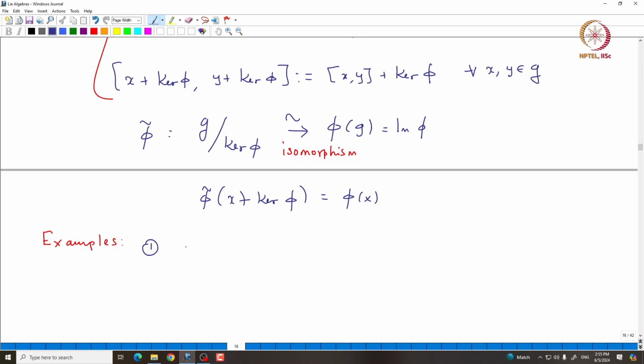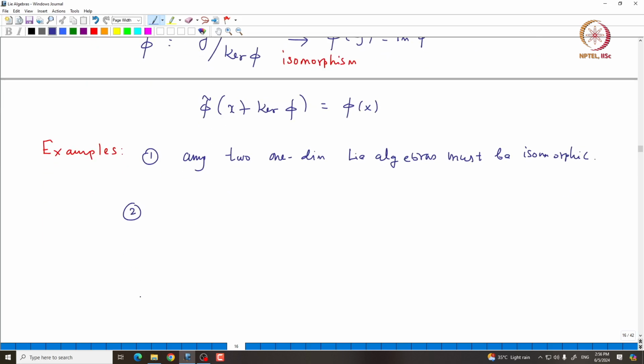Any two one dimensional Lie algebras must be isomorphic. Similarly, if we take a two dimensional Lie algebra, then one can prove that either it will be isomorphic to the abelian Lie algebra or it will be isomorphic to the following one.